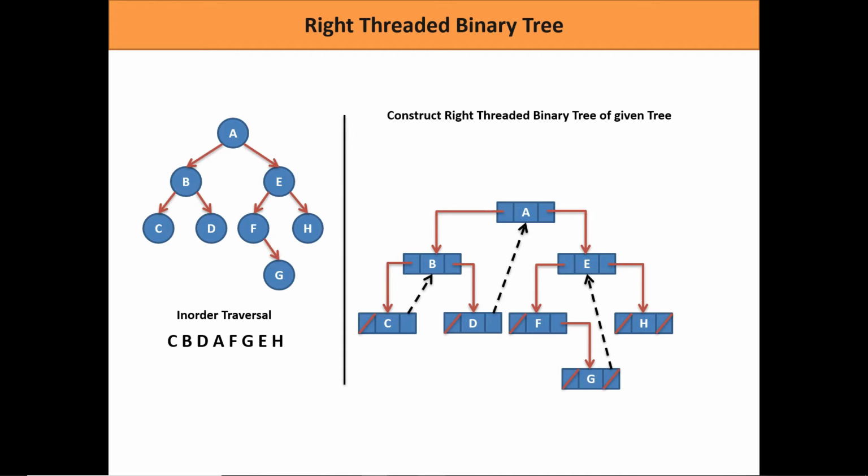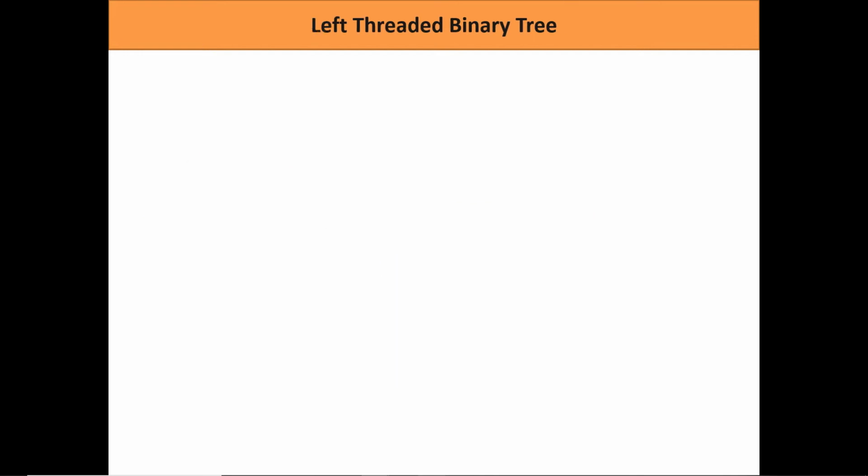For this we have to remember the point that all the right null links are replaced with its in-order successor. Now next is left threaded binary tree.